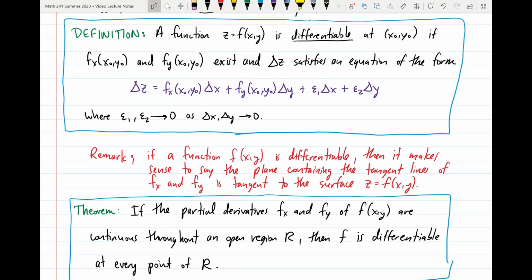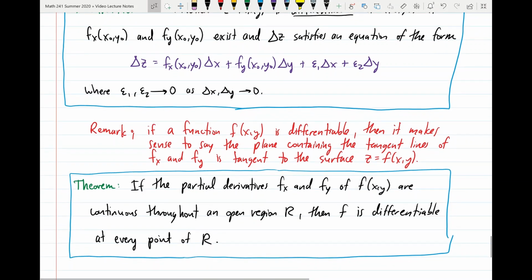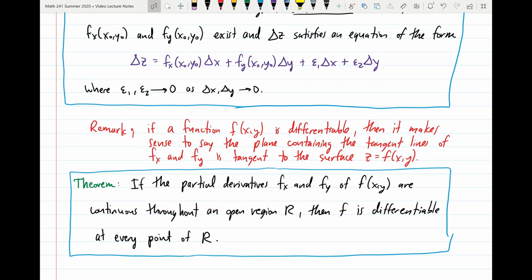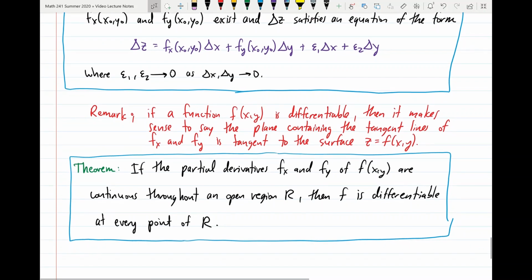And with this definition in hand, now that we finally defined differentiability of a function, remember that question that I asked way back in the video where we talked about whether the plane containing the tangent lines corresponding to the different partial derivatives would be a plane tangent to the surface given by our function.